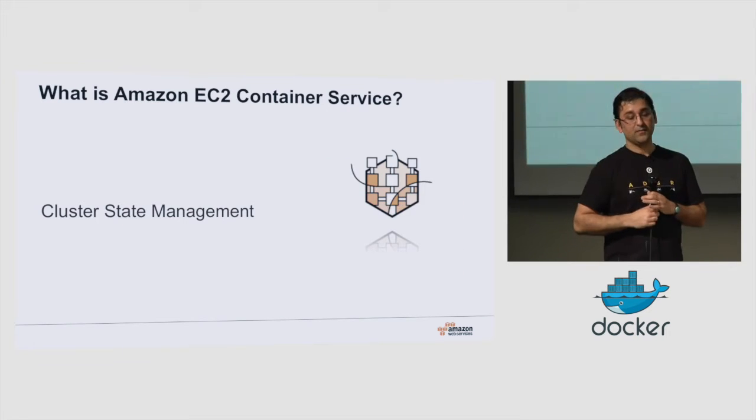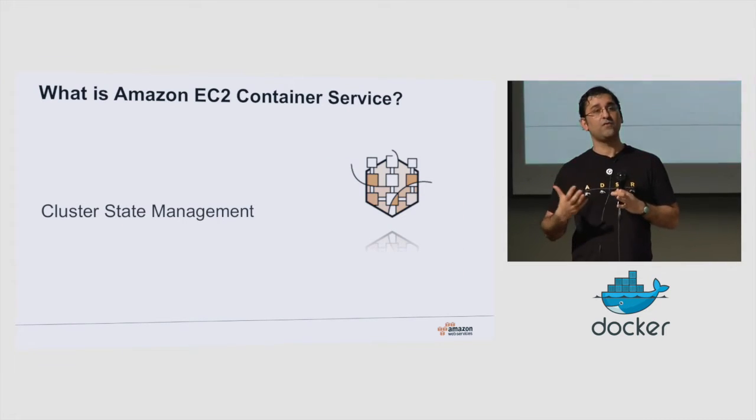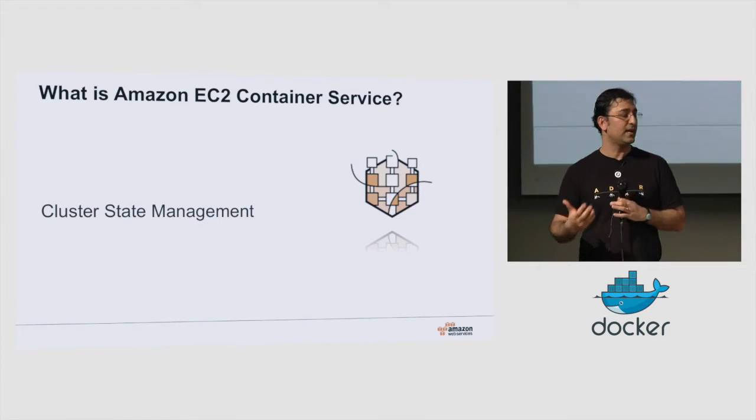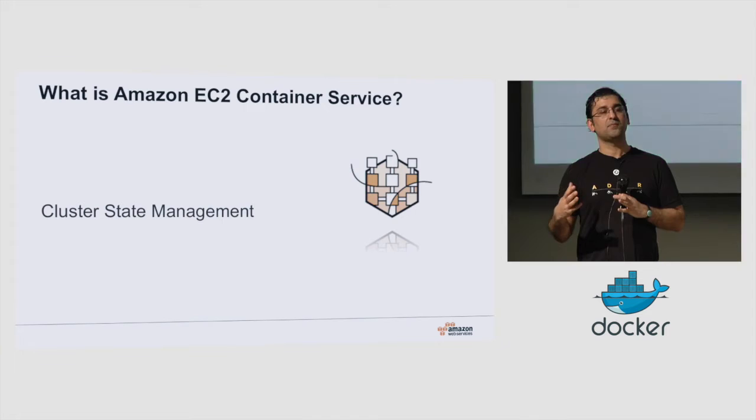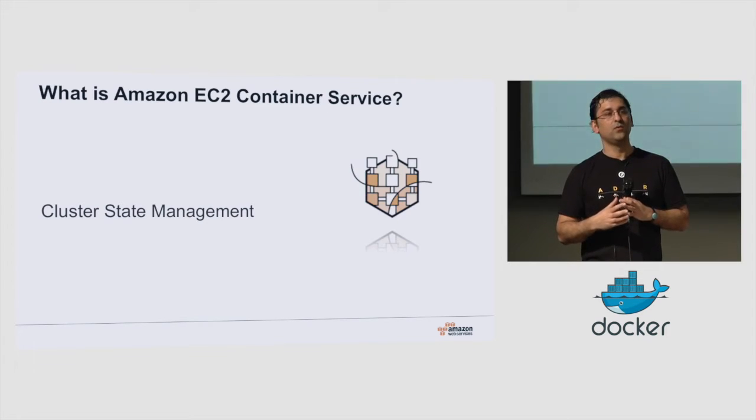One of the core functions of the EC2 container service is cluster state management. You'll get a good example of the state management capabilities of the container service, but one of the key goals was that there's a whole bunch of folks spending a lot of effort trying to figure out how to scale their cluster management systems and their state configuration management systems.